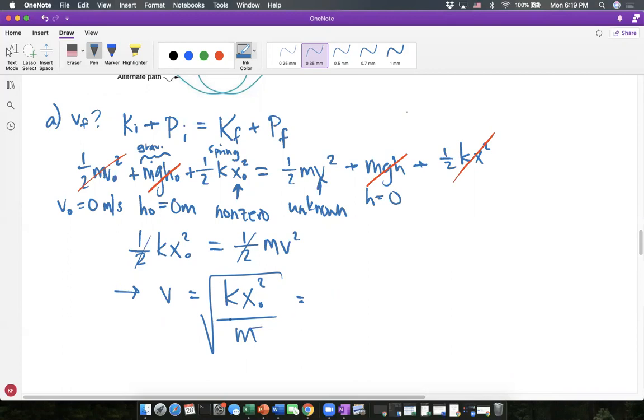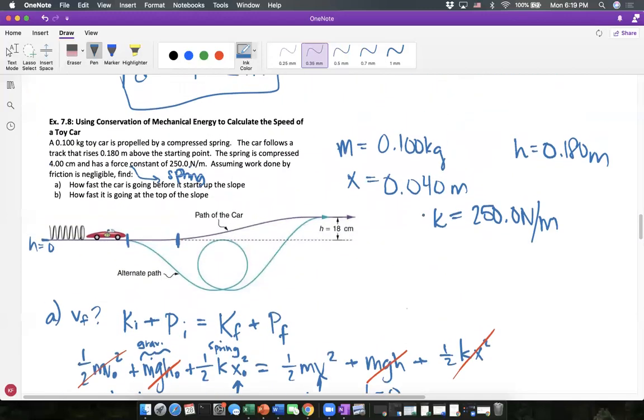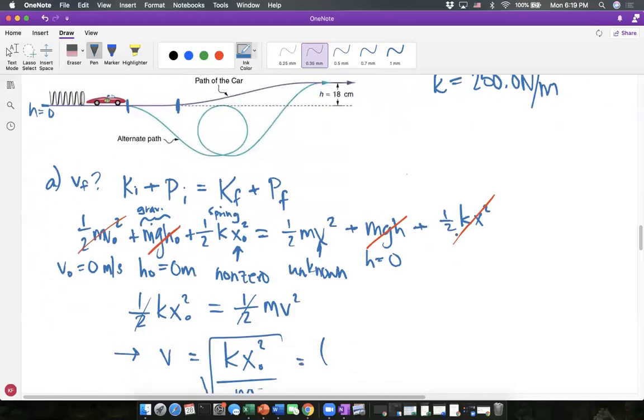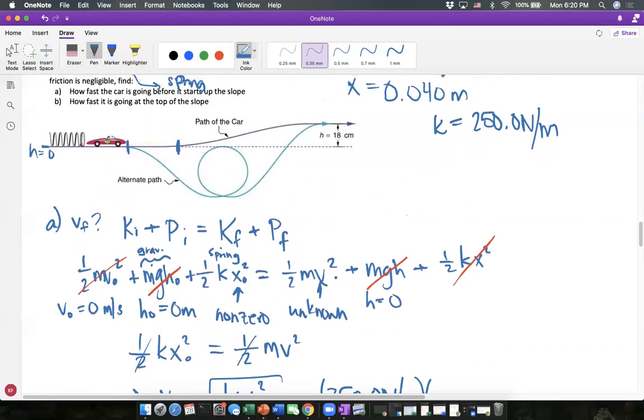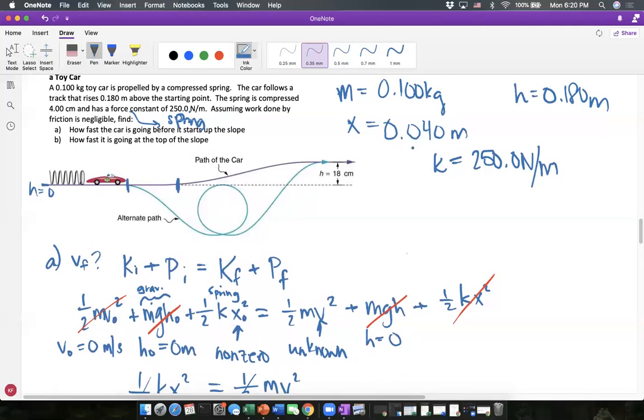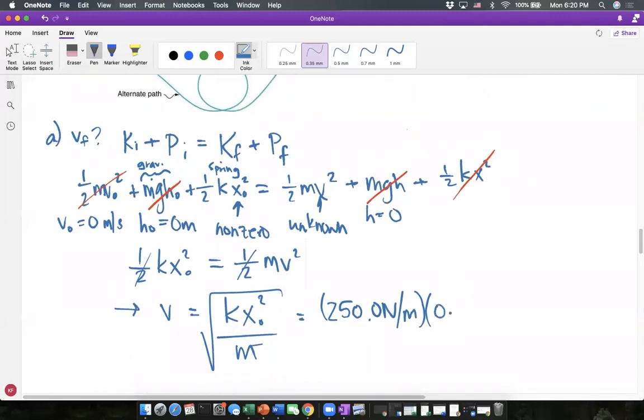So we can plug in our values. Our spring constant k is 250 Newtons per meter times our x naught, or x, it's 0.04 meters.